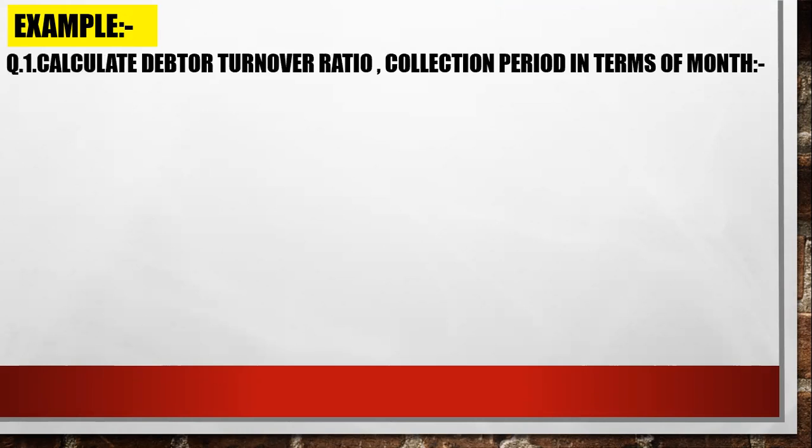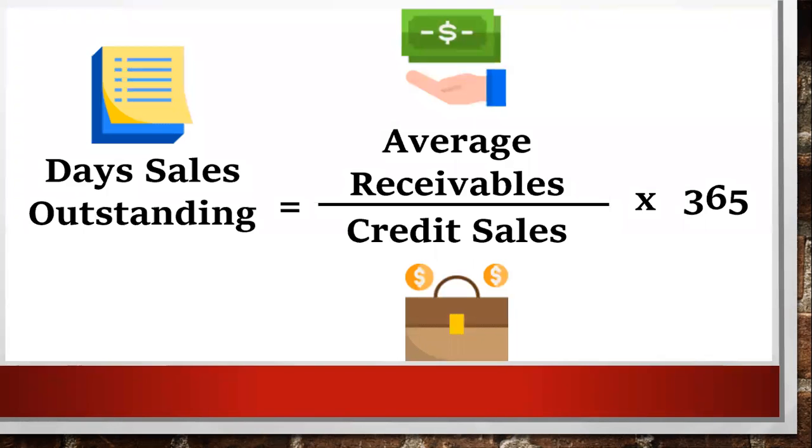In this example, you have to calculate the debtor turnover ratio and debtor collection period also. They are saying to calculate the debtor turnover ratio and collection period in terms of months. That means in this formula you have to multiply with 12, not 365, because they are talking in terms of months.